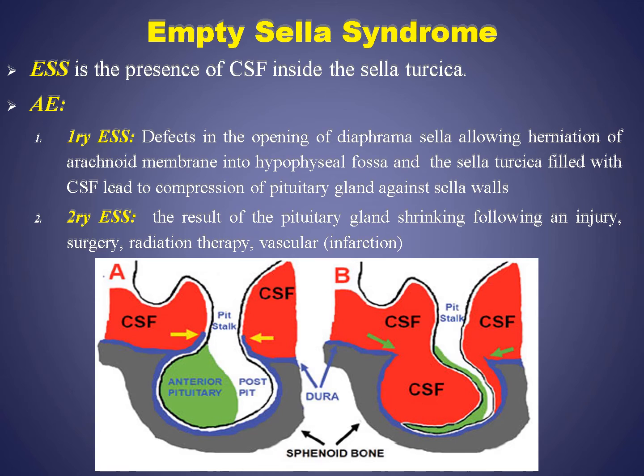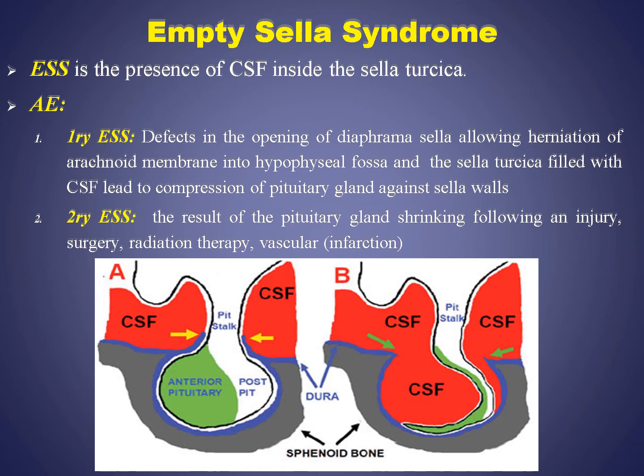Any defect in this diaphragma sellae will allow herniation of a liquid membrane containing CSF into the sella turcica. Gradually, the sella turcica is filled with CSF, causing compression of the pituitary gland against the wall of the pituitary fossa. Atrophy of the gland and defect of function result.